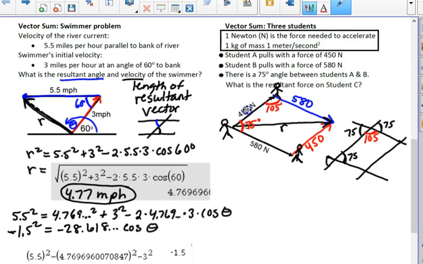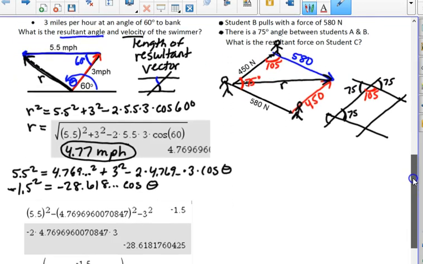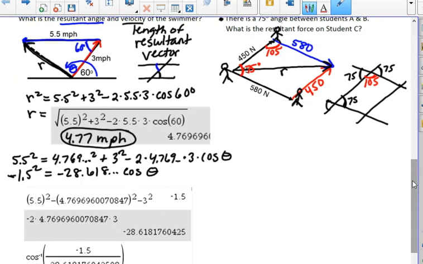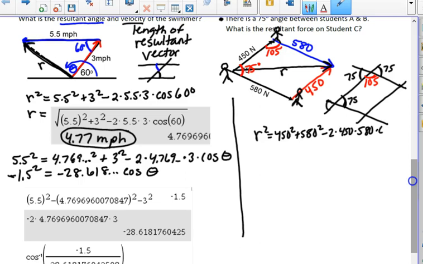So now I have a side angle side, and I can find the length of this side. We're going to do the same thing with the law of cosines, and I'm going to do this a little more quickly because we've just done this computation a number of times. So r squared is equal to 450 squared plus 580 squared minus 2 times 450 times 580 times cosine of 105.